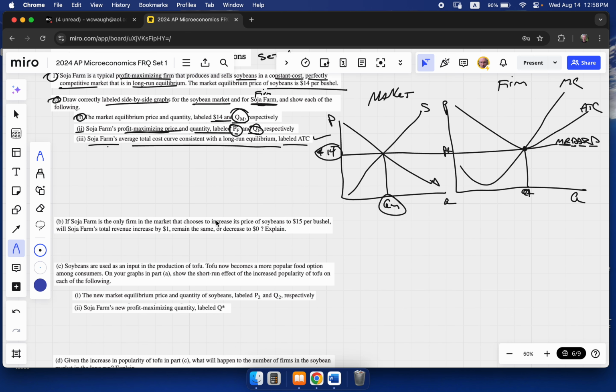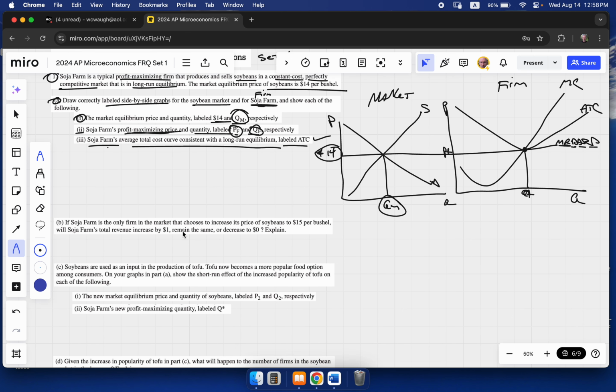Let's run away from that. If Soja's Farm is the only firm in the market that chooses to increase its price to $15, will Soja's Farm's total revenue increase, remain the same, or decrease to 0? Well, first of all, what we should know about perfectly competitive firms is they have no price making power at all.